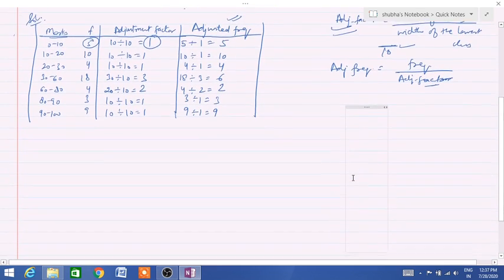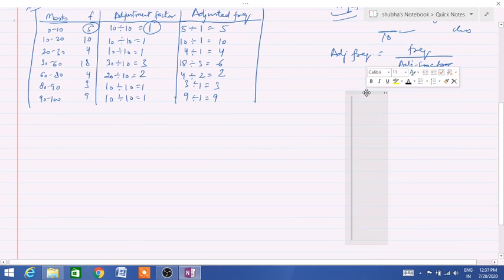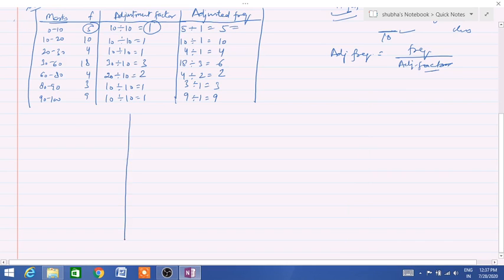Now we shall start plotting the adjusted frequencies in the histogram. For this, first we'll make the y-axis and x-axis. Here we'll take the number of students, f.